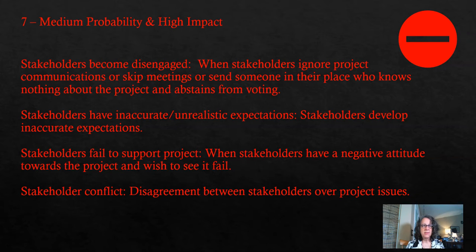So another 7, medium probability, high impact, was regards to the stakeholders. Now remember that they did not have a history of collaborating and cooperating with each other well, and coming together and compromising for the good of the entire organization. That's really not how they operated.